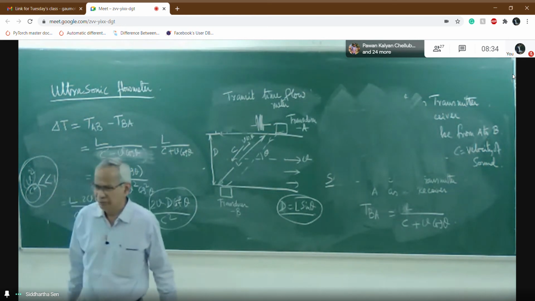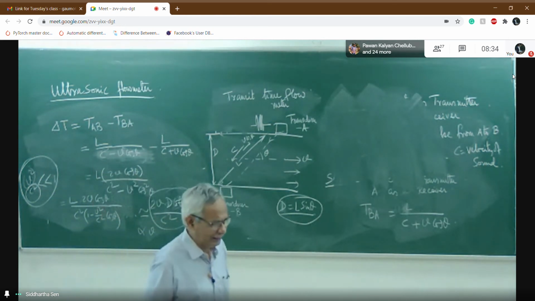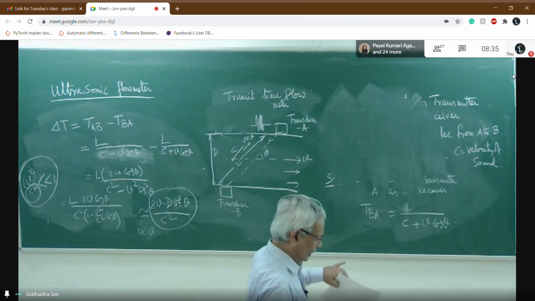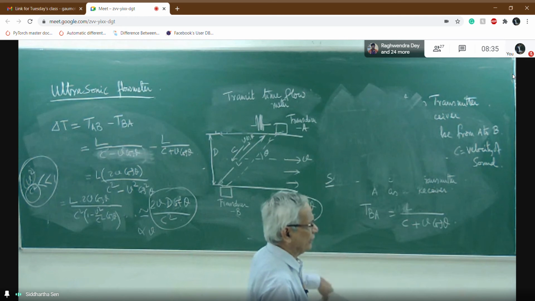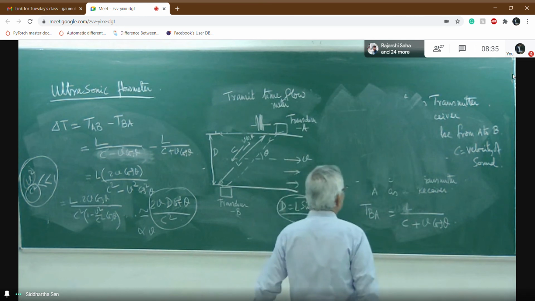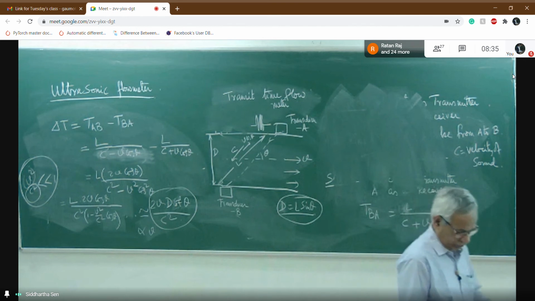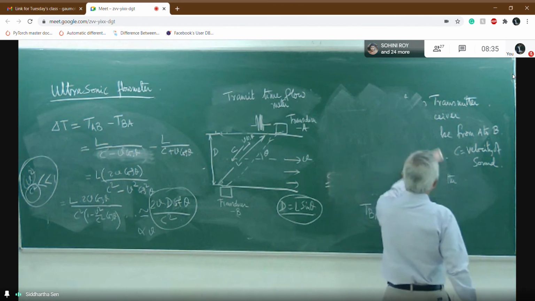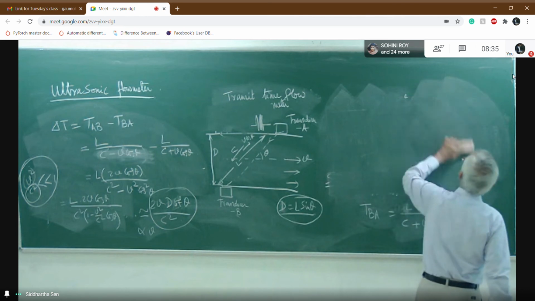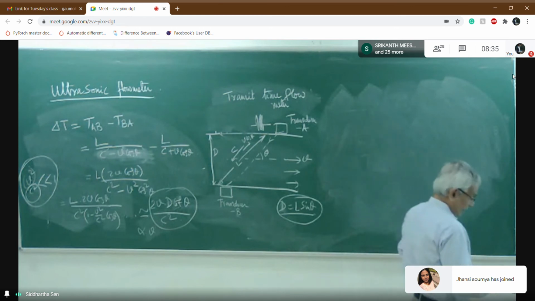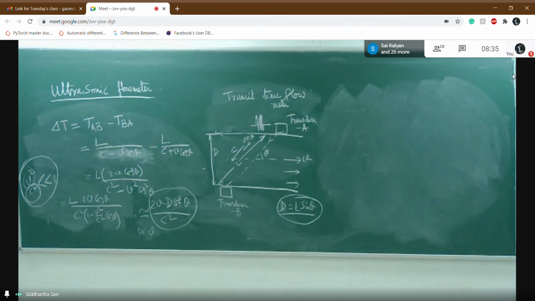Okay, thank you, sir. Whenever there is hardly any wind speed, we will get it almost in a straight way. You are right, but here it is not coming into the picture. Let us take an example.